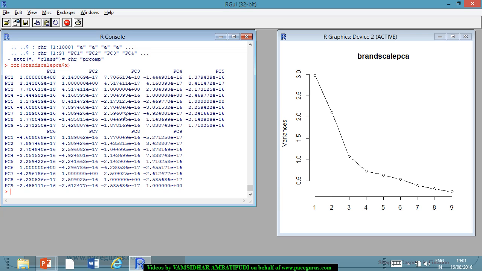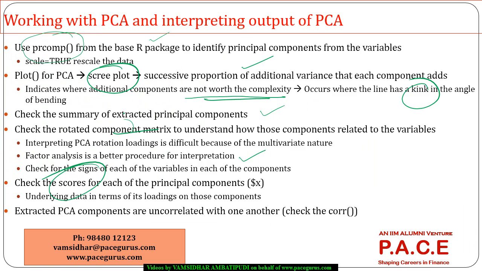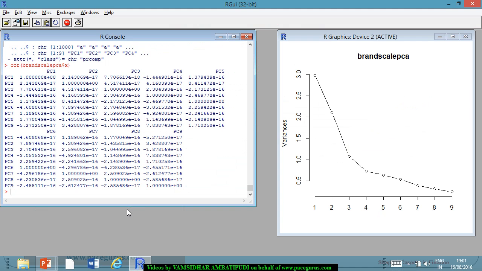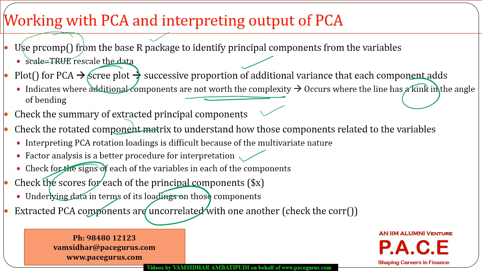That's the most important aspect when we are talking of a principal component analysis. The extracted PCA components are uncorrelated with one another. I could have checked it with the correlation function. They are all showing perfect zeros, which means there is no relationship existing between the principal components that are extracted.